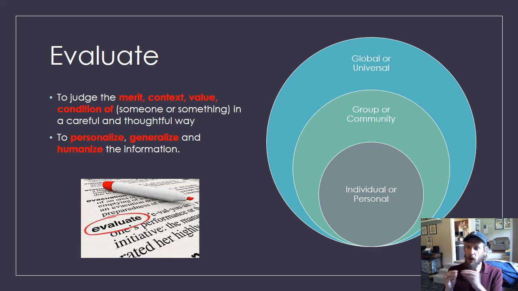Then you have to also connect, right, the reason, the E, my experience is what makes me interpret this thing that everybody can see in an individualized way. But if we can work to a global understanding, now we're coming together in the same conversation. That's the goal of scholarship.